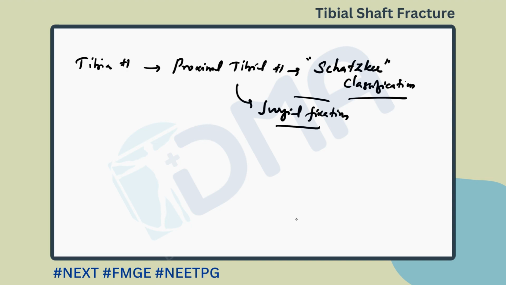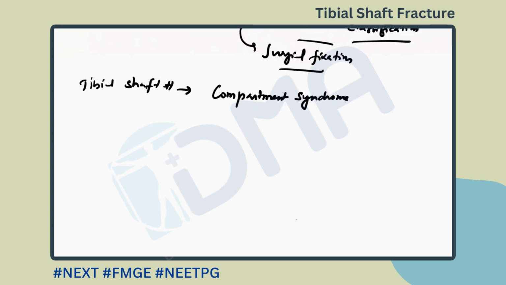Okay, and next is tibial shaft fractures. The most dreaded complication in tibial shaft fracture is compartment syndrome. Because if you see the cross section of the leg, you can see two bones in the leg.